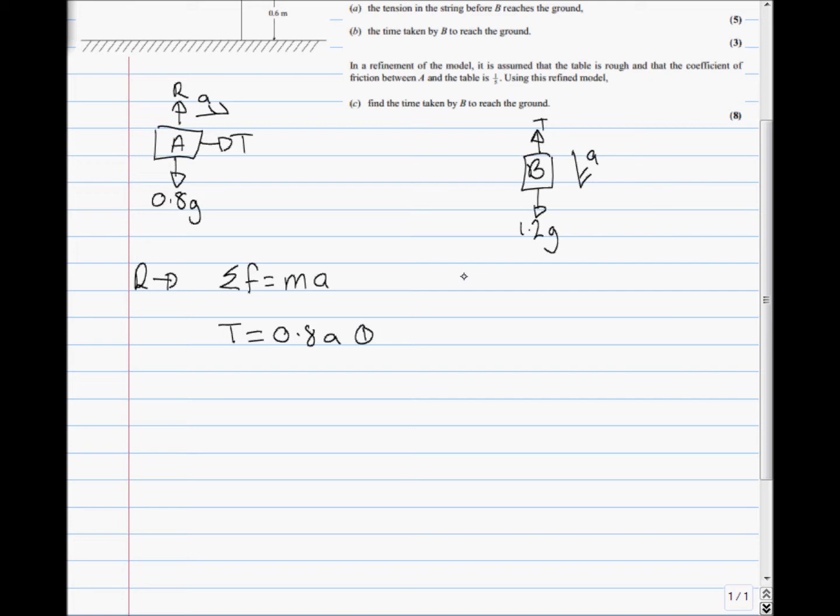Now doing a similar thing, resolving in the direction of initial motion of B, the sum of the forces equals mass times acceleration. So in a positive direction we've got 1.2 g, then minus T, equals 1.2 A, and I'm going to call this equation 2.